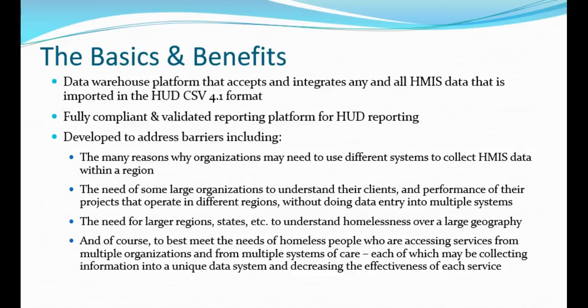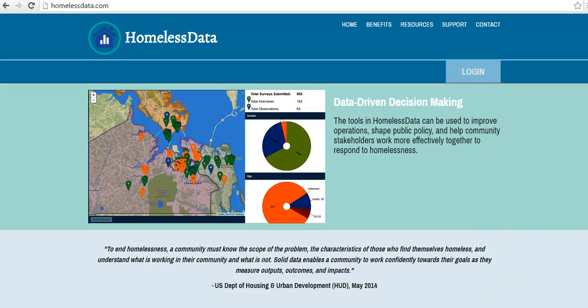And, of course, HomelessData allows us to best serve people who are experiencing homelessness who may access a variety of services from multiple systems of care, each of which may be collecting information in unique database systems. In sum, HomelessData provides an essential tool for communities to use data to enhance operations, drive policy, and help community stakeholders work together to improve outcomes.